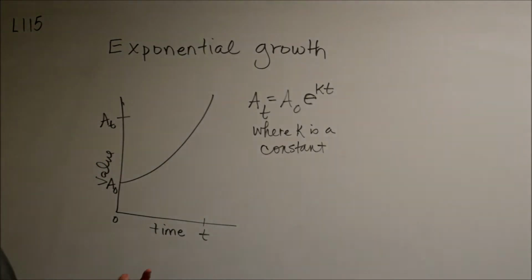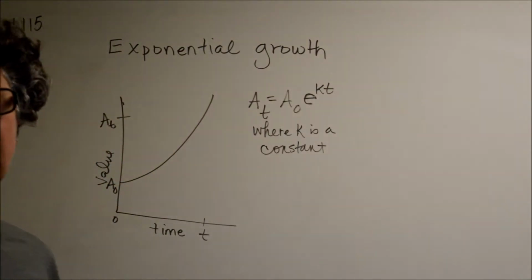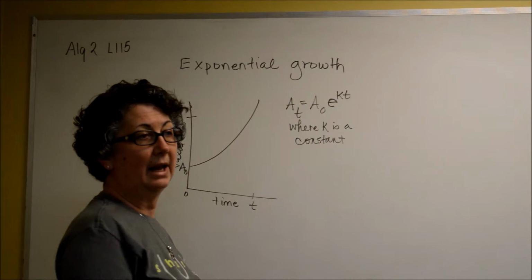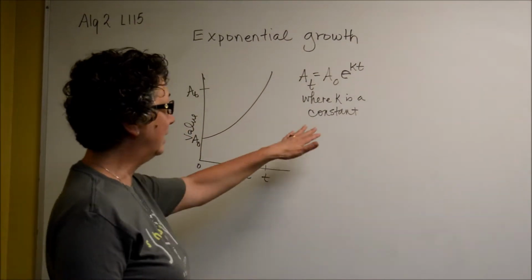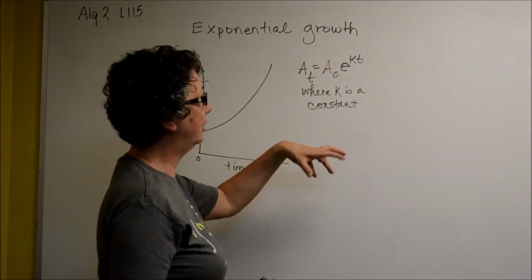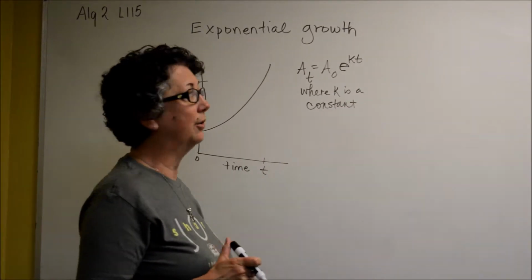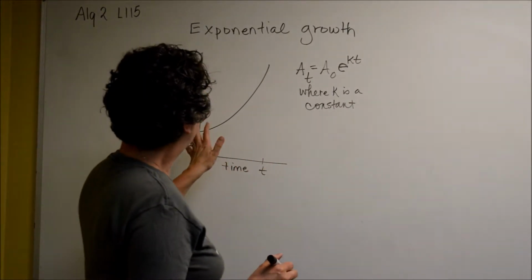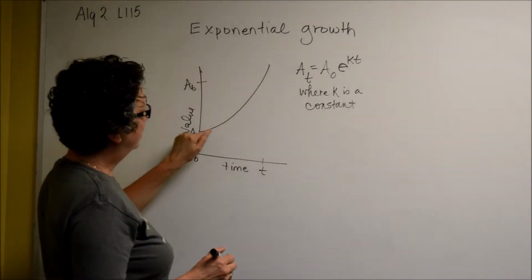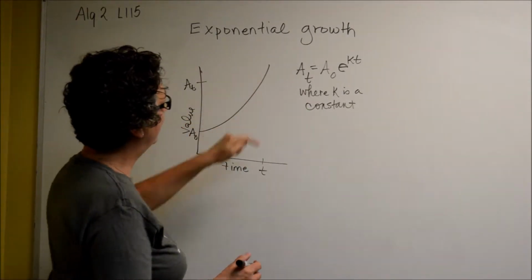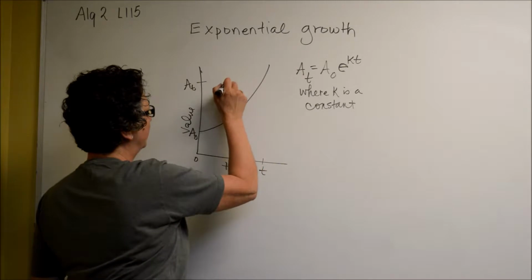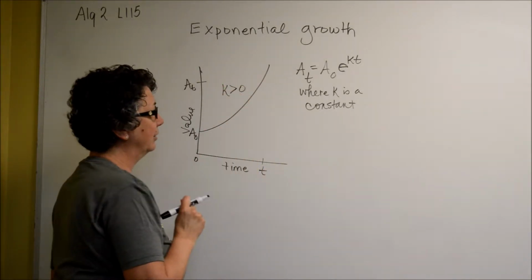If it's in finance, that constant is referred to as a rate. So that's your rate of interest that you are making on the savings account, or the rate of interest that you are paying on the loan, either one. So this is growth. When it is a growth, that k, the rate, is greater than 0.